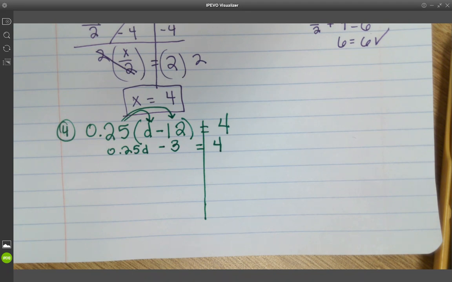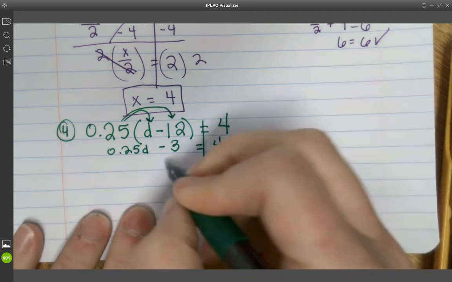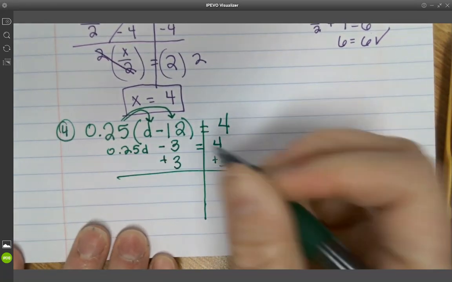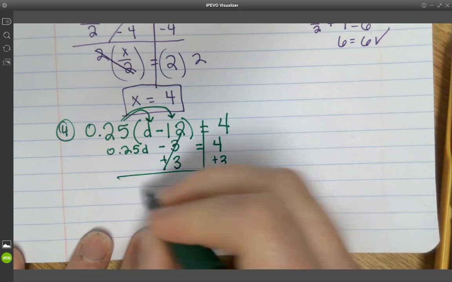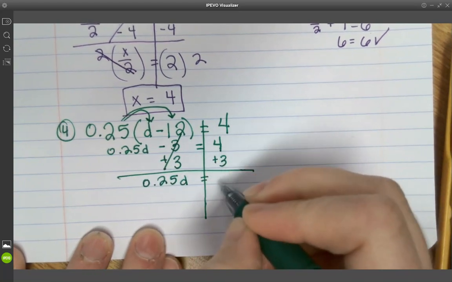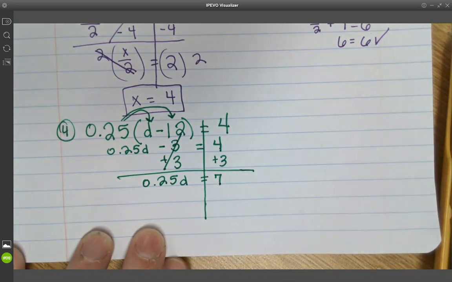Okay, now how do I get the d by itself? Add 3 to both sides. These cancel and I get 0.25d equals 4 plus 3, 7.